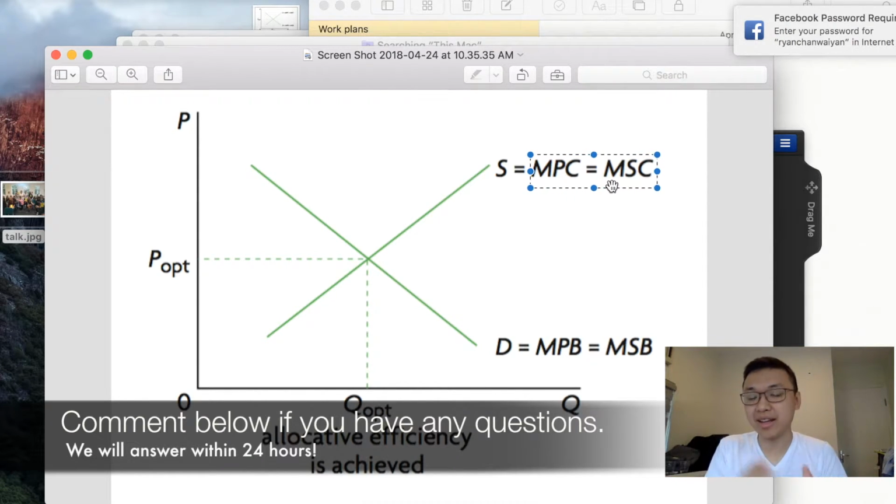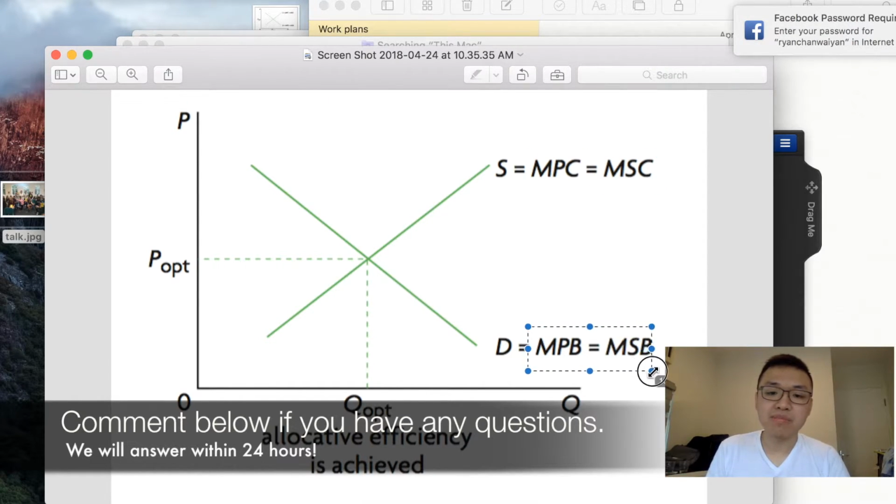Without any production externalities, the private cost would be equal to the social cost, right? Because the production only affects the producer. It does not affect any other third parties. So this is why it would only affect the producer, and therefore the private cost is equal to the social cost. In other words, the cost to the producer is equal to the cost to the society.